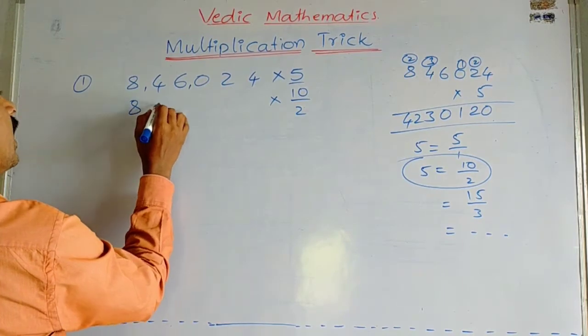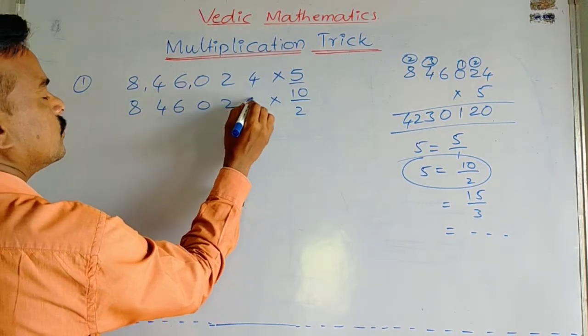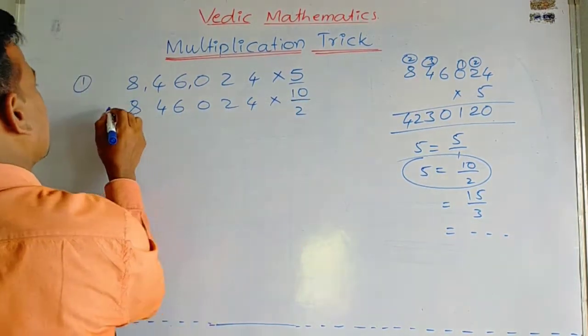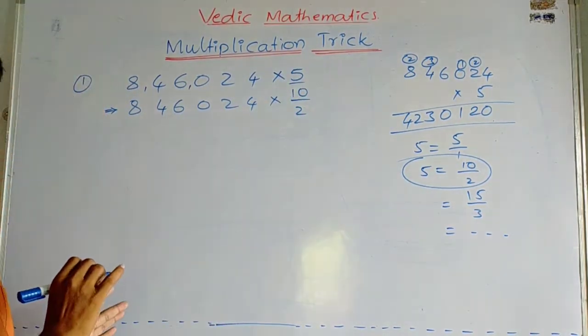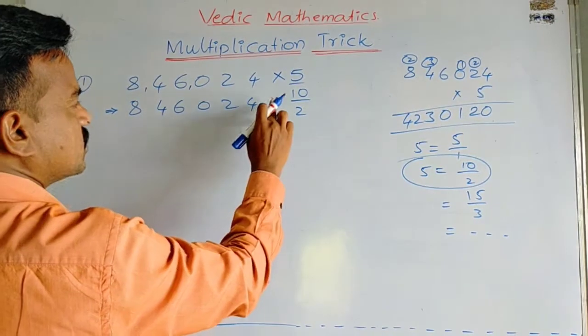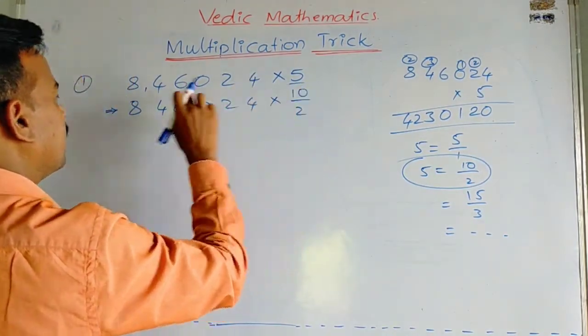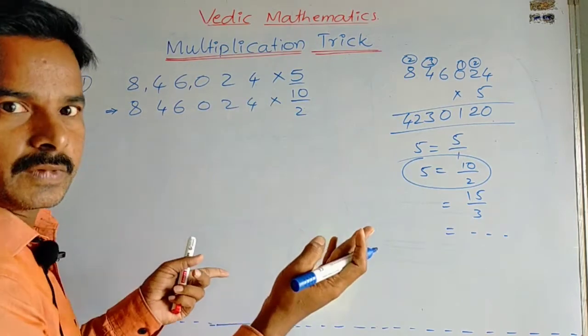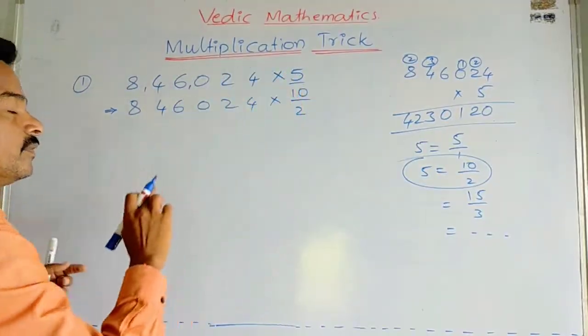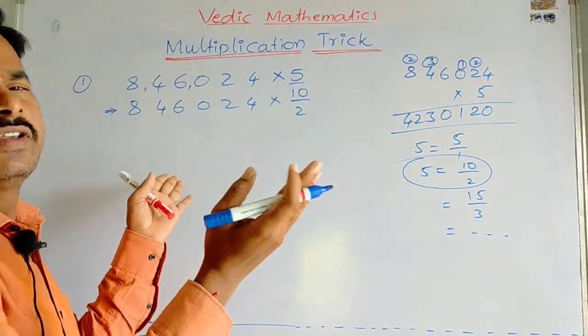That means 8,46,024 we can write like this, into this 5, only I changed to 10 by 2. First we multiply this number by 10, then we get one more 0 in the ones place. Multiplying by 10, we can easily multiply.